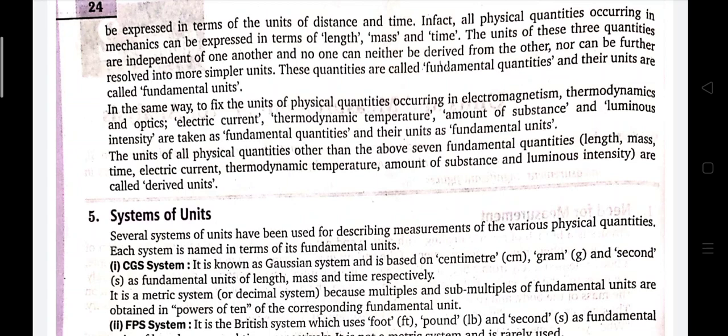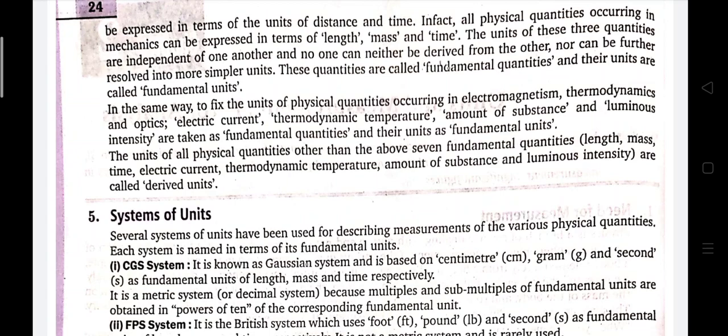Like we have got three fundamental quantities: length, mass and time. Length and mass and time, they are independent of each other. You cannot derive length from mass or mass from time. These quantities are known as fundamental quantities and their units are known as fundamental units.